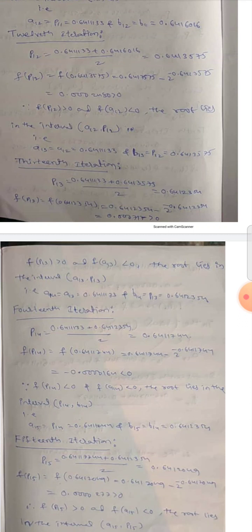Since f of P14 is less than 0 and f of A14 is less than 0, the root lies in the interval P14 comma B14. That is A15 is equal to P15 is equal to 0.64144 and B15 is equal to B14 is equal to 0.64123.